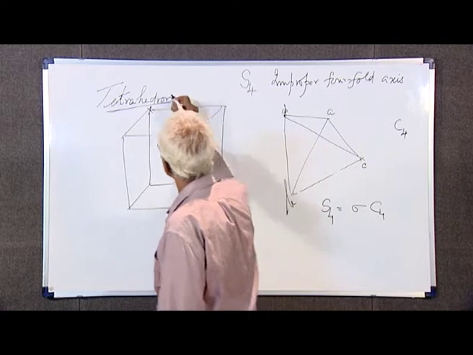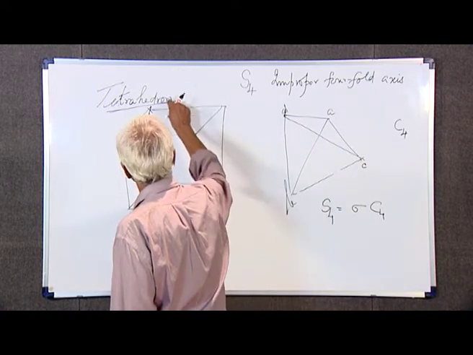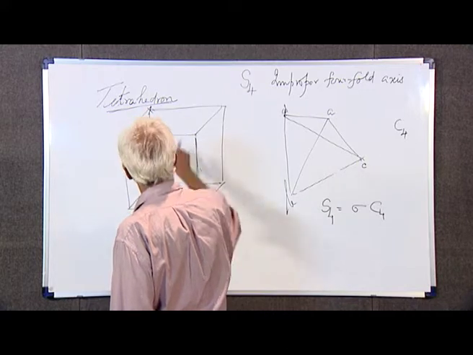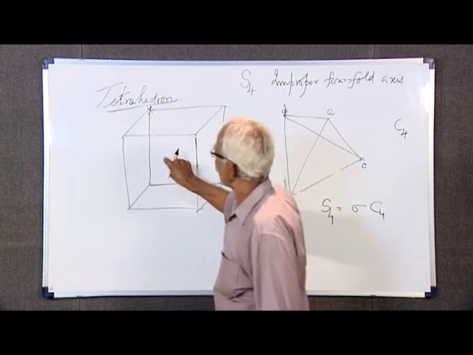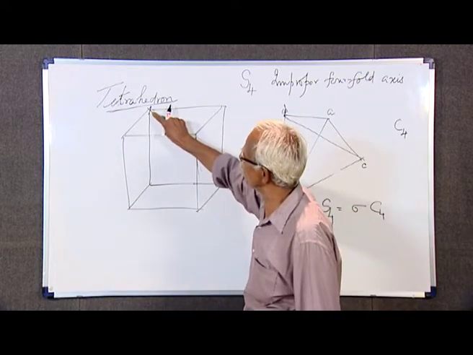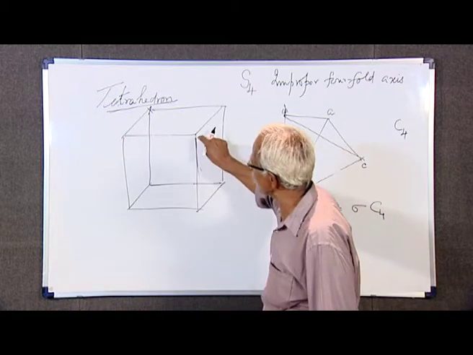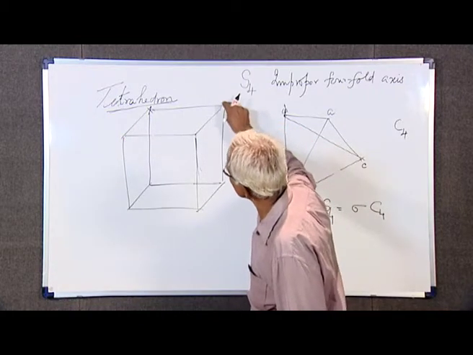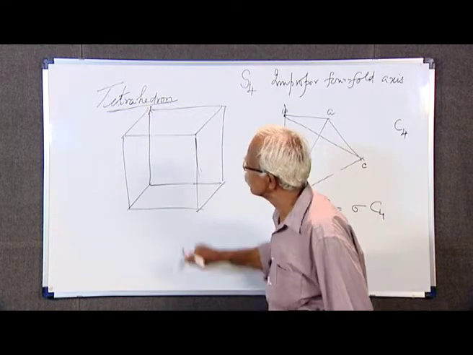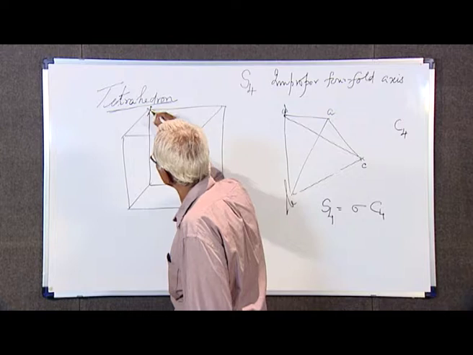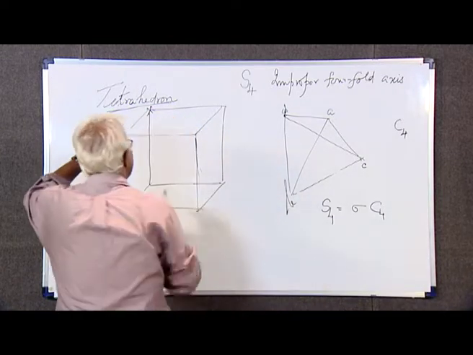So, for convenience let me take this axis, the C4 axis along this direction passing through the body center. Apply C4, this point goes to, this is C4, C4 twice, C4 thrice, C4 4 times. You are back home, full circle is negotiated. So, C4 will take this to this, 90 degrees.